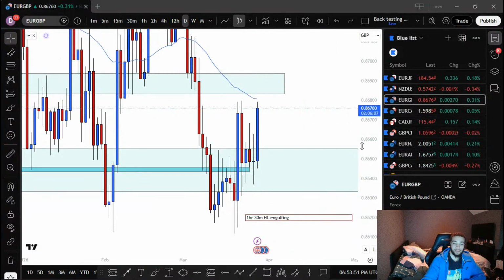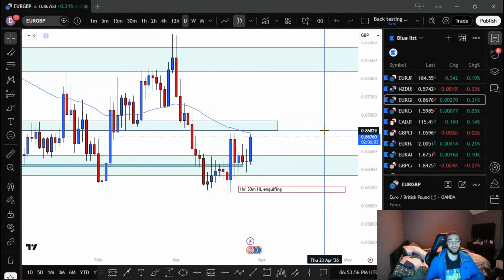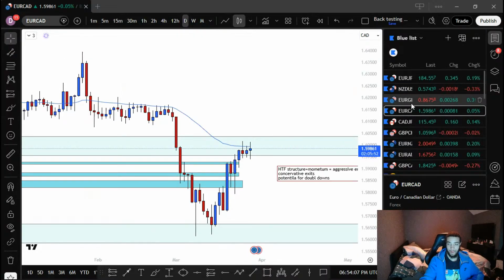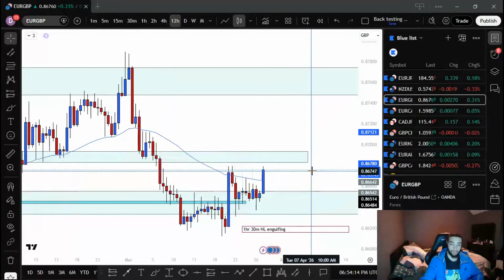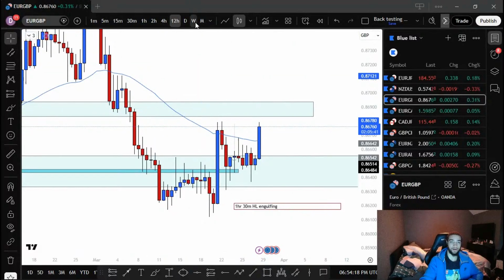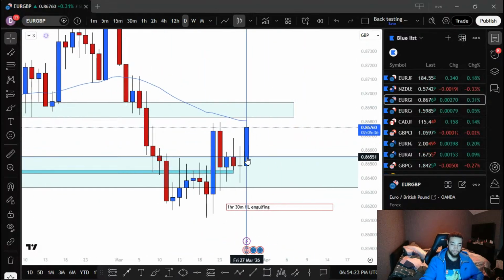So we had structure, right? Again, this is where you've got to really think, because the structure and momentum is beautiful, but it's also pushing to the downside. Whereas EuroCAD was the same, but we had more bullish structure. Euro GBP wasn't quite it. The 12-hour EMA was there, the daily EMA was very close.